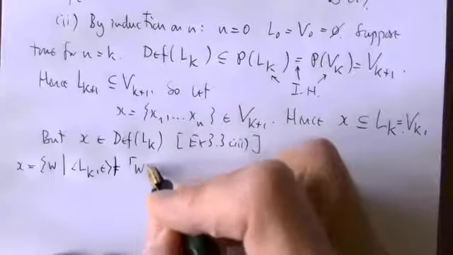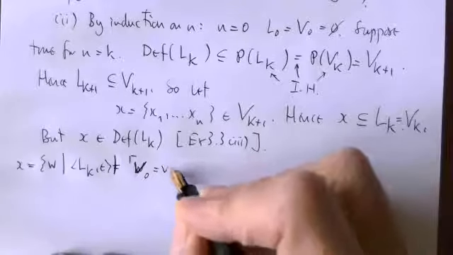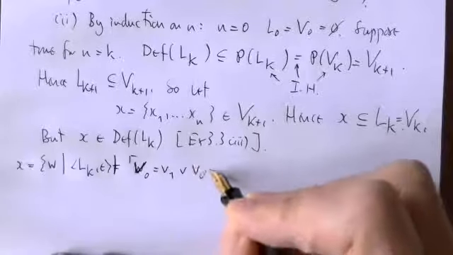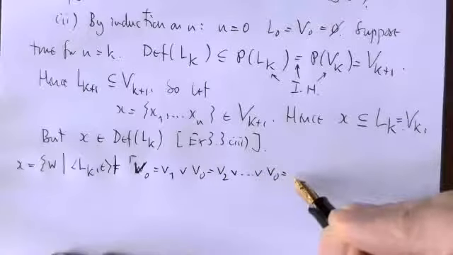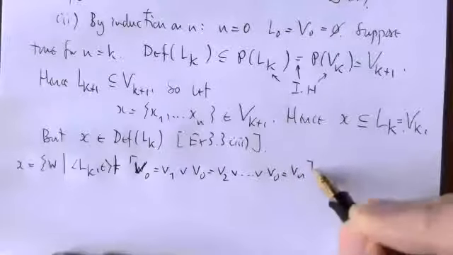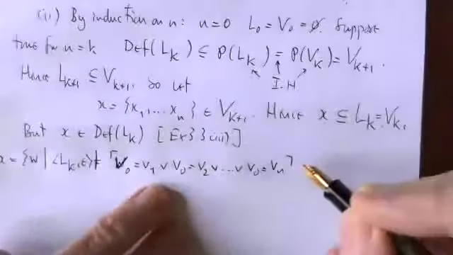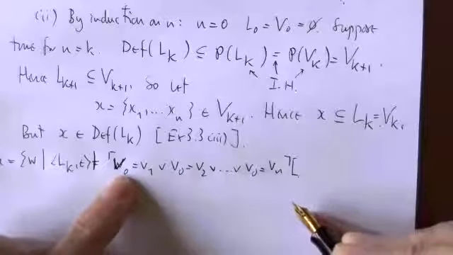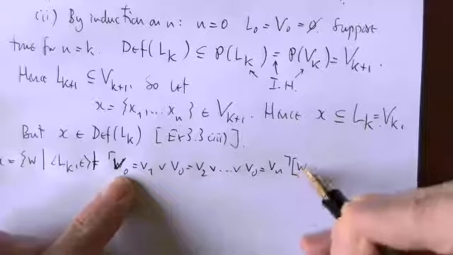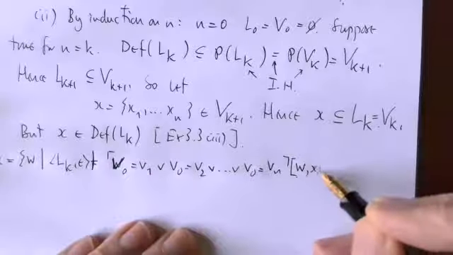So we could just write this down: V0 equals V1, or V0 equals V2, or V0 equals Vn. And I'm going to substitute in here potential w's for V0 and x1 to xn for the V1 to Vn.